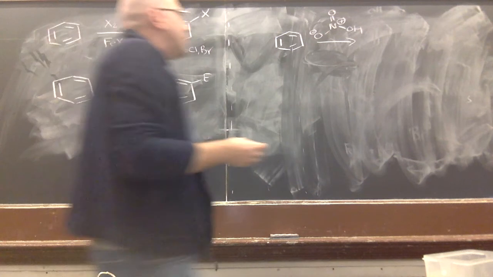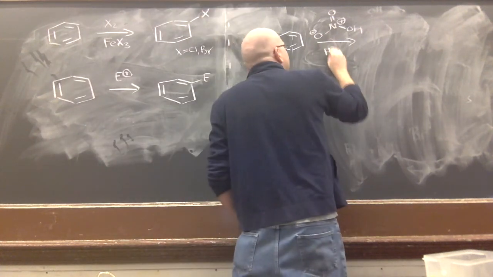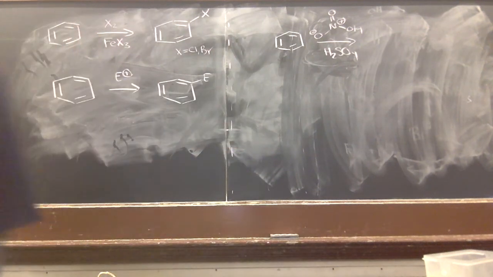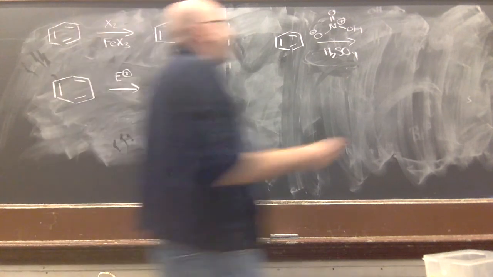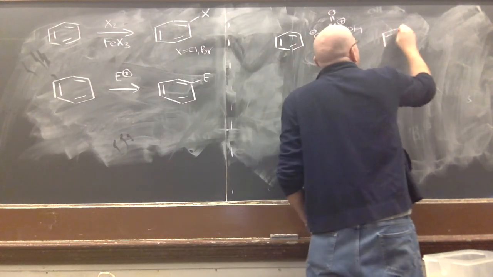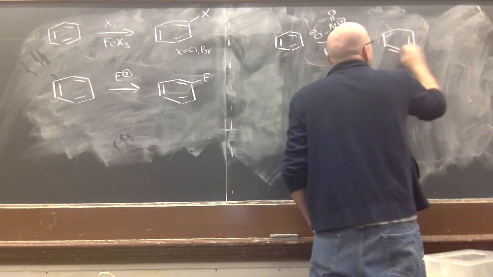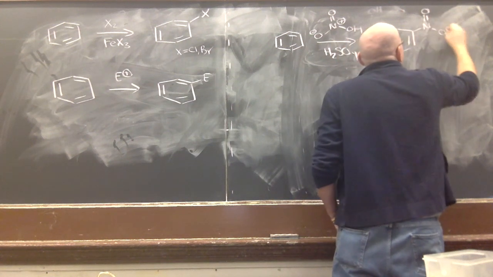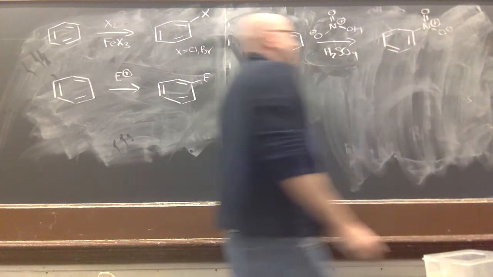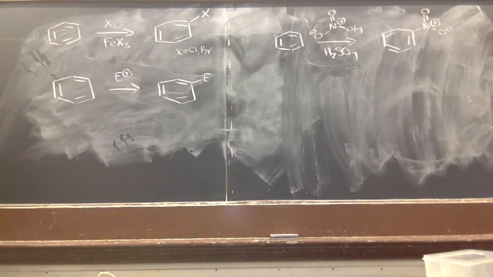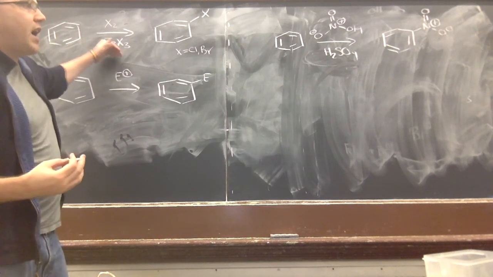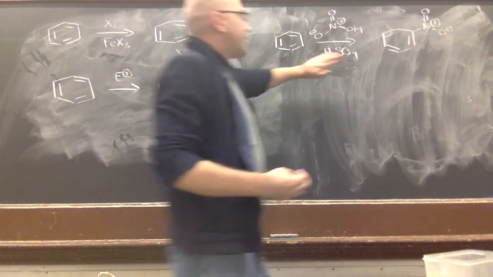What you need to actually do this transformation is sulfuric acid. As it turns out, if you take benzene and you treat it with nitric acid and sulfuric acid together, what you end up getting is the nitration product. In this case, unlike the iron trihalide that we had, the activator is in fact going to be sulfuric acid.